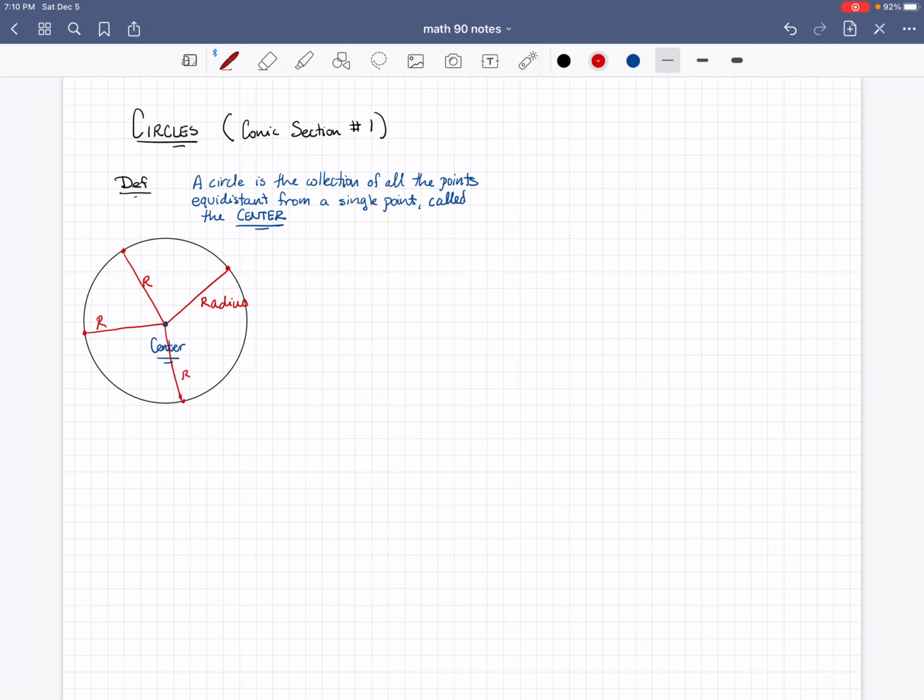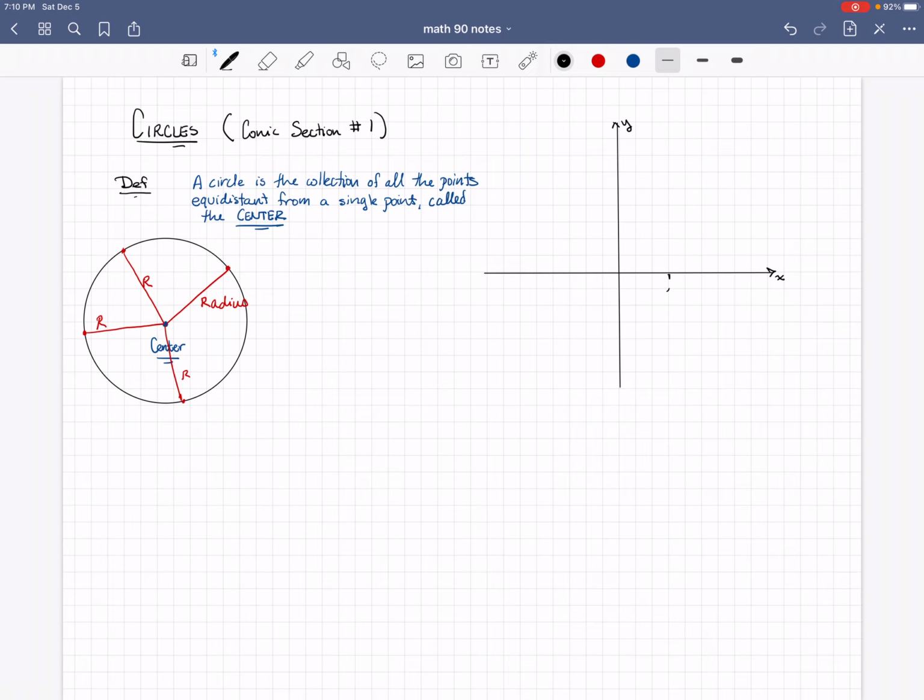But now let's talk a little bit about the algebra of circles. So rather than drawing just a circle in space, let me draw a coordinate plane, like so. And for the purposes of this conversation, I'm going to use a coordinate plane with a pretty large scale.